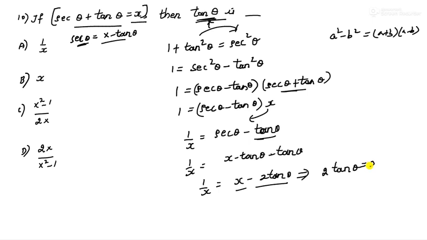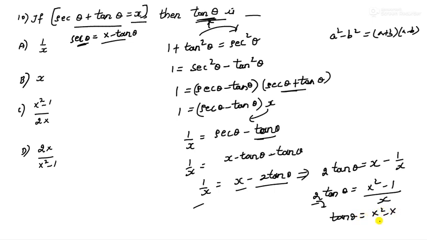This remains here itself, and this goes to RHS, it becomes 1 minus x. So when we take the LCM, here you will get x, and here x square minus 1. So when we send this to RHS, it becomes tan theta equals x square minus 1 divided by 2x. So x square minus 1 divided by 2x is option number C. So this is the right answer.